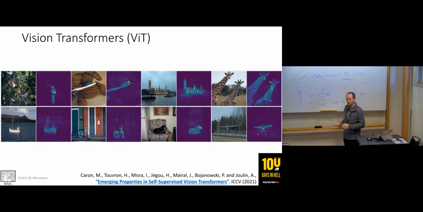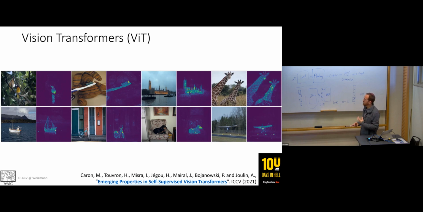It's almost a segmentation model. It's not for free, yes, but you get a very good estimation of the foreground. It's not perfect, but yes, you get extra information. And this model was trained on natural images: dogs, cats, animals, planes, things like that.